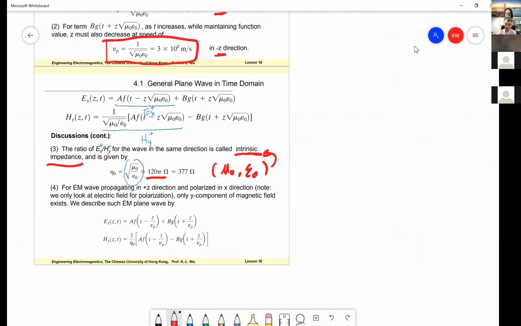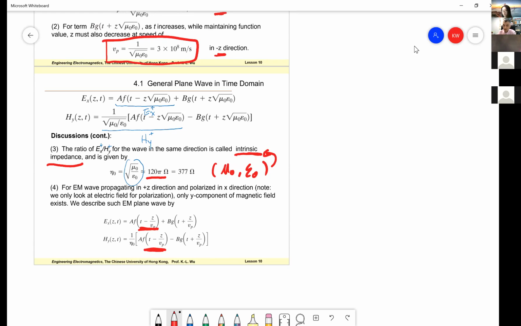Anyway, the last thing is we make a summary. We know the electromagnetic fields propagate like a plane wave, and they are propagating in phase. Just look at the phase term for the electric field and the magnetic field; it is the same.